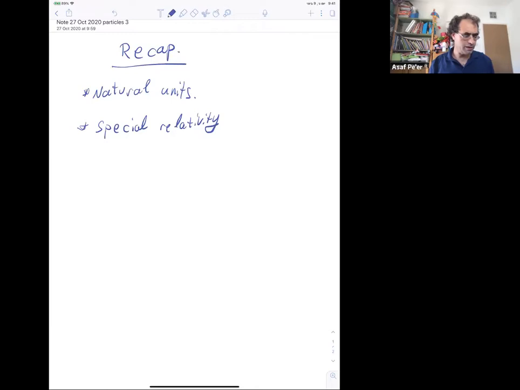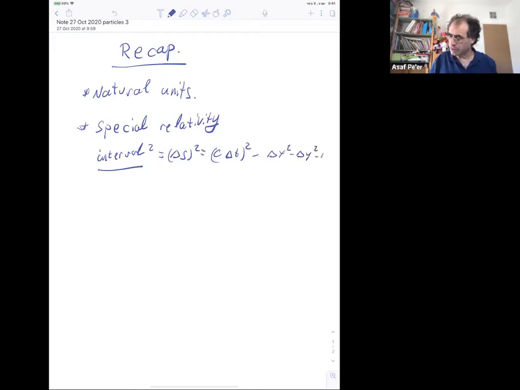And we said that there is a conserved quantity, which we call the interval. So the interval squared, delta S squared, is just c delta t squared minus delta x squared minus delta y squared minus delta z squared. And this is something which is conserved.